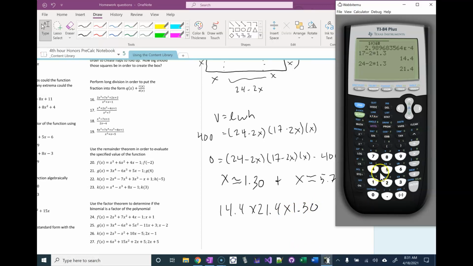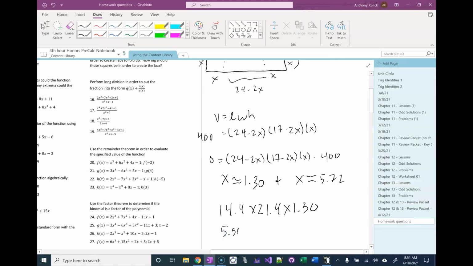And if I chose the other answer, which would also work, I have a 5.6 by 12.56 by 5.72.